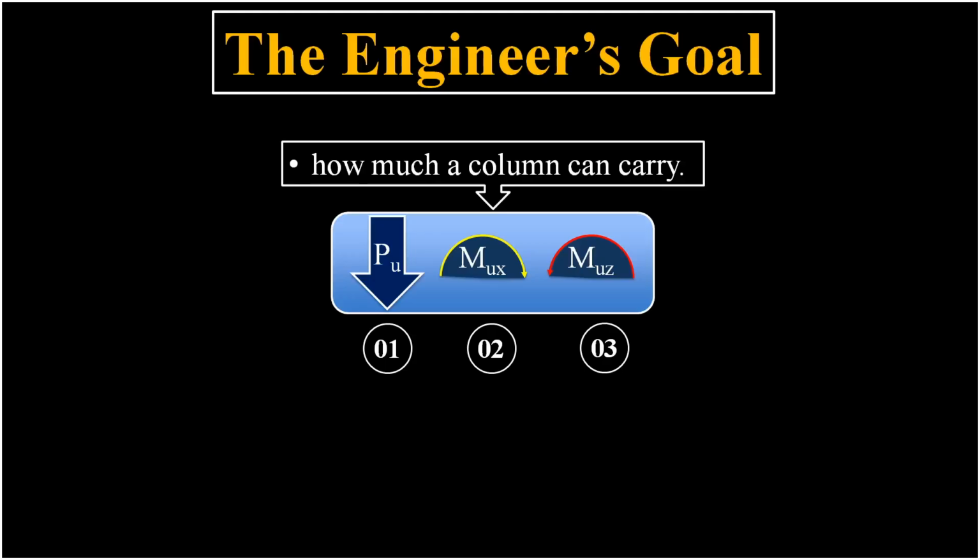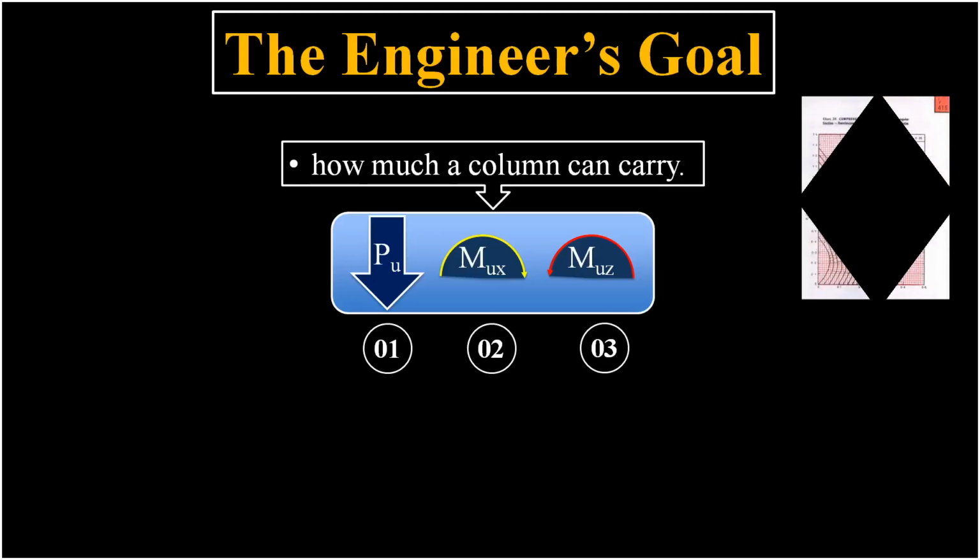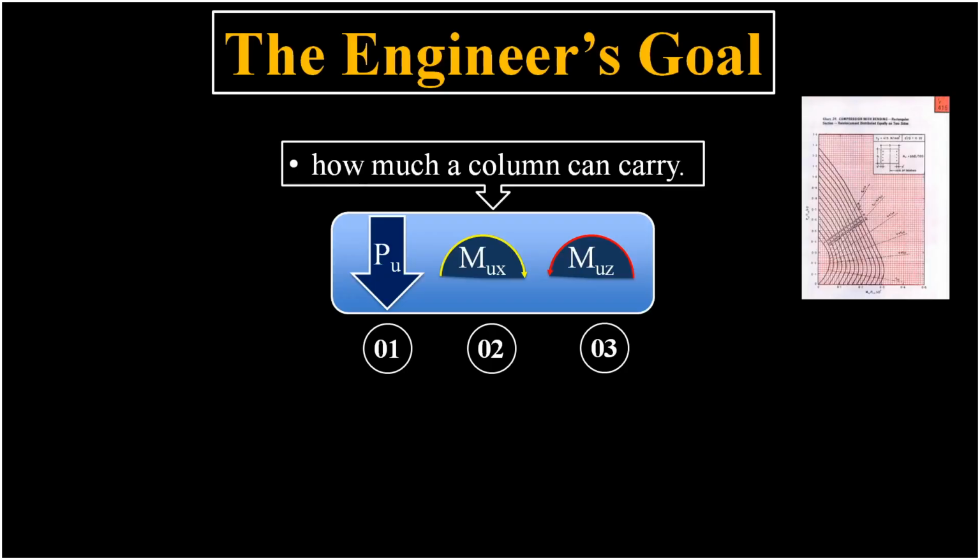Therefore, the actual strength of a column is defined by the complex interaction of these three forces. This interaction of PU, MUX, and MUZ forms what is known as the 3D interaction surface. This surface is the map that completely defines the column's load-carrying boundary.